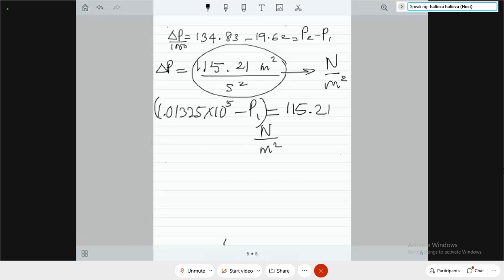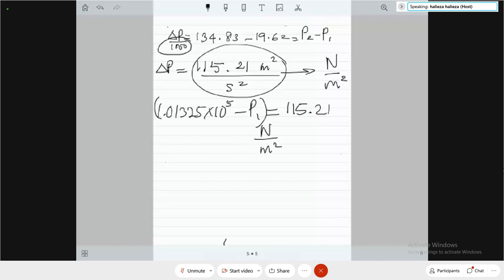Doctor, from the formula, do we need to divide by 1000 for the change in pressure? Yes, that's the density. Okay. Yeah, I already multiplied it. Did I get the right answer, guys? Let's see. 134.83 minus 19.62.